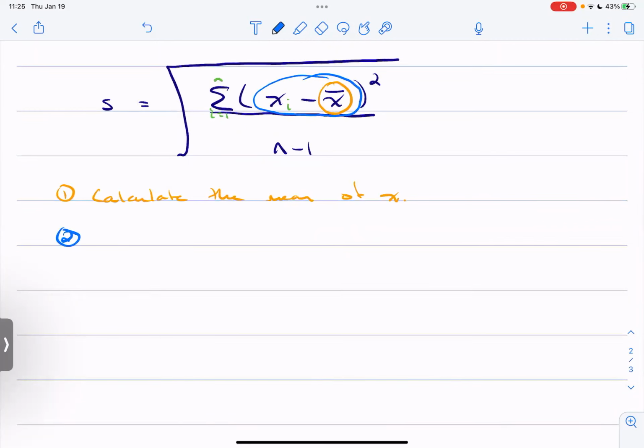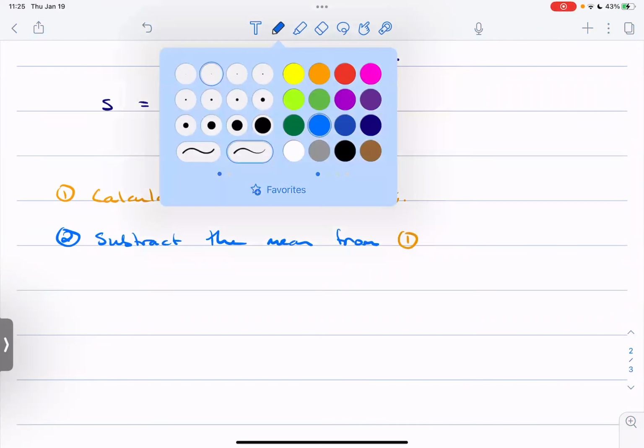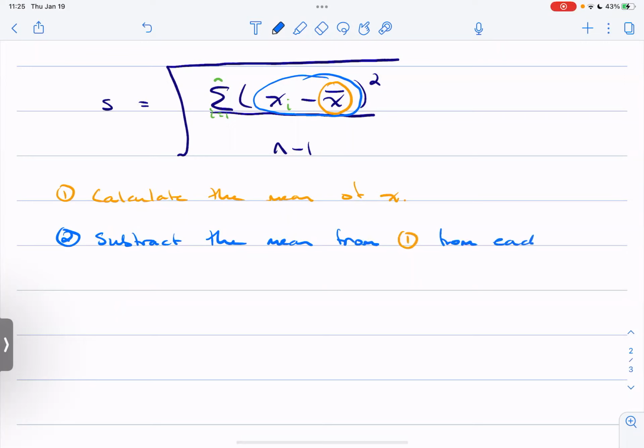So the second thing is subtract the mean from step 1 from each value of x: x1, x2, x3, x4, all the way up to xn.